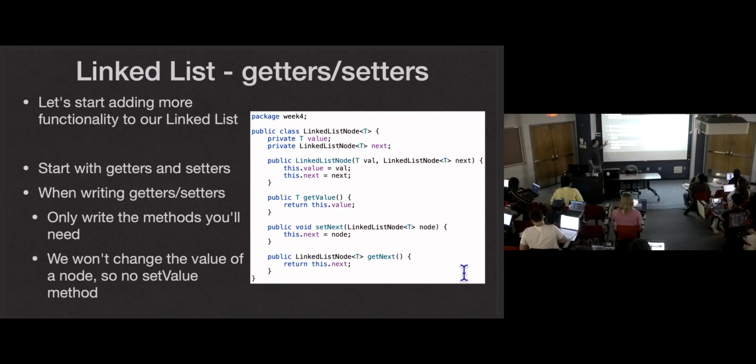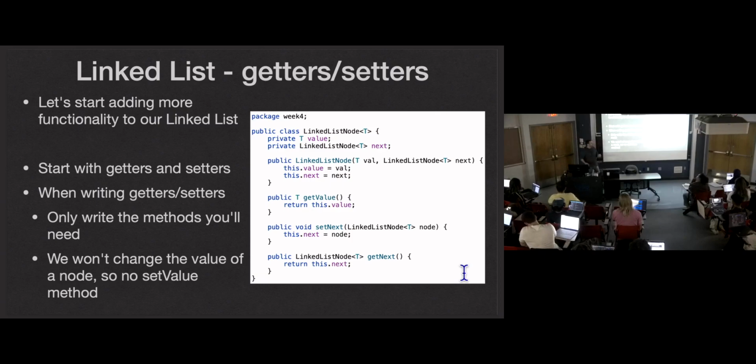And just a quick note, if you don't want somebody doing something to your code, just don't give them a getter or setter. Here I have a notable exclusion of set value. I'm saying I don't want people changing the values of my nodes in my linked list, so I'm just not going to give them a set value method. Easy as that. Now they can't change the values. There's not necessarily a particular reason to do this.